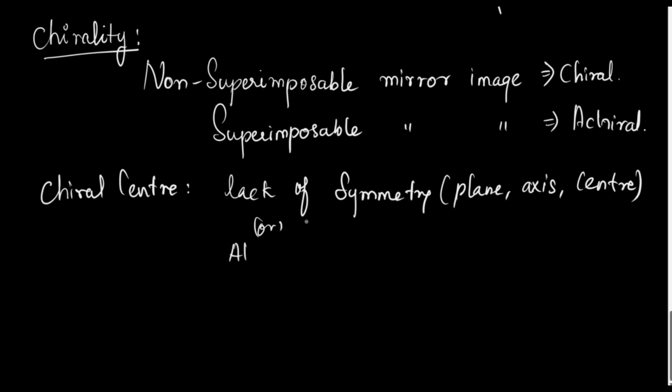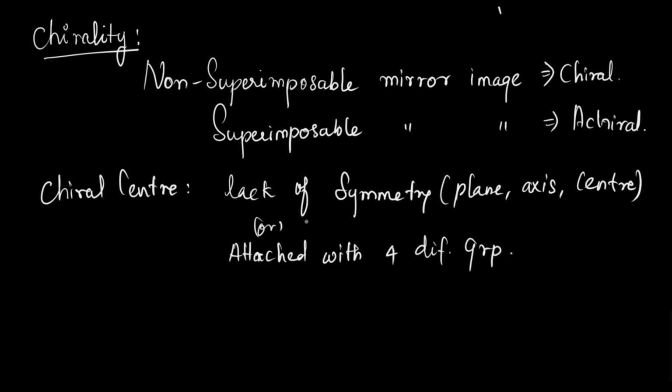And if it is attached to four different groups, I'm talking about carbon, that's why I'm mentioning 4. Four different groups, then that is a chiral center or asymmetric center. Lack of symmetry means asymmetric center, attached to 4 different groups means chiral center.